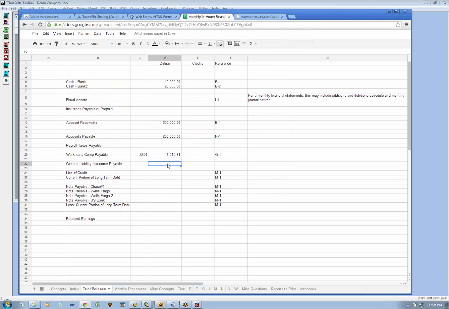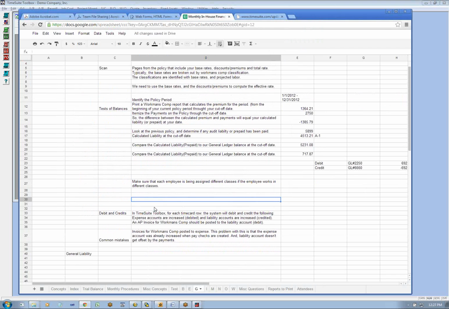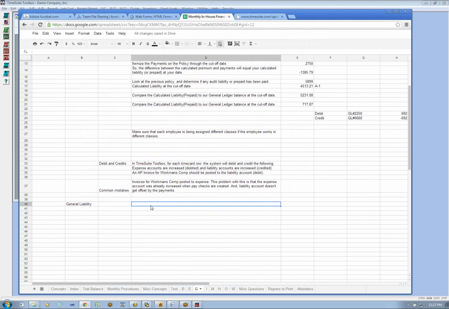You can do the same thing for your general liability insurance policy. So you do a similar kind of equation or analysis as the workman's comp. Also, that would just be for the general liability and umbrella, okay, because you have other components of your general liability policy.